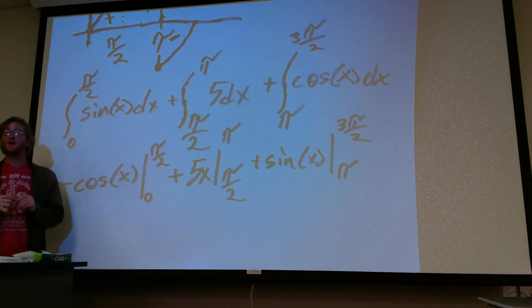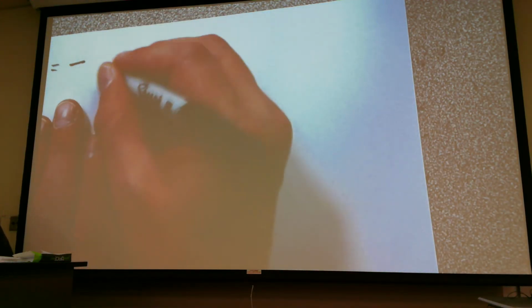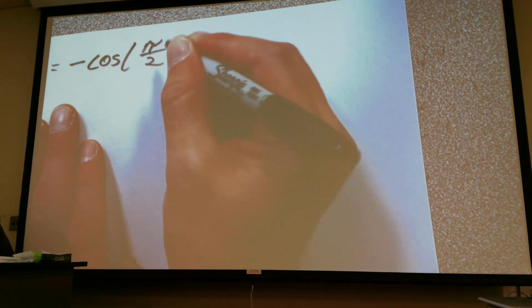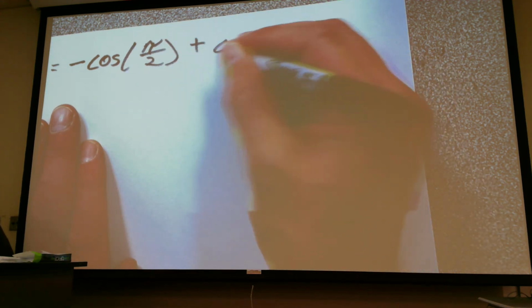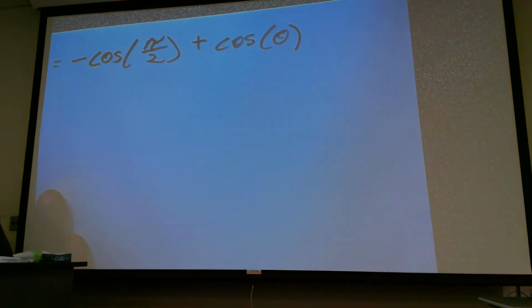Now I'm going to plug in those boundary points. I'll write this vertically because otherwise it might be confusing. So this is going to equal negative cosine of pi over 2 and plus cosine of 0 because it has a negative.